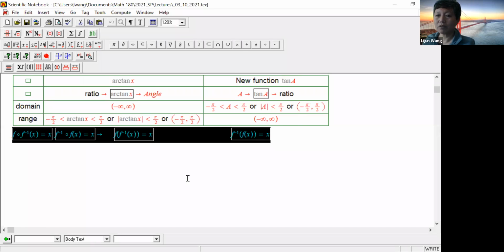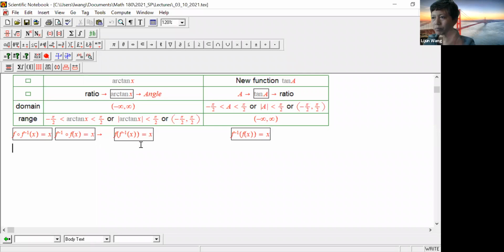So how many definitions have we dealt with? The definition of a function, and one-to-one function. That's all. Only two definitions derive so many powerful things. And of course, along with the definition of trigonometry, derive so many powerful things.